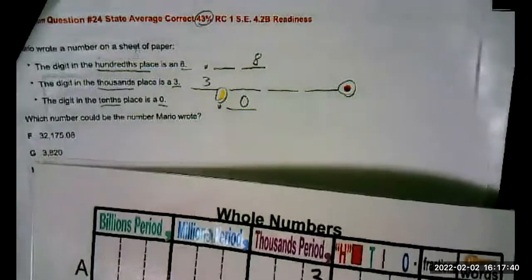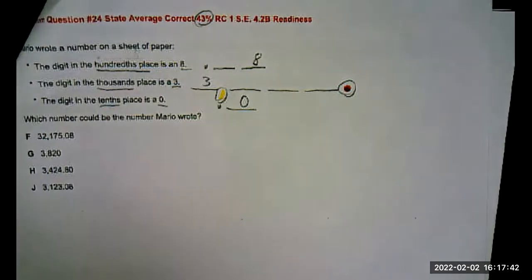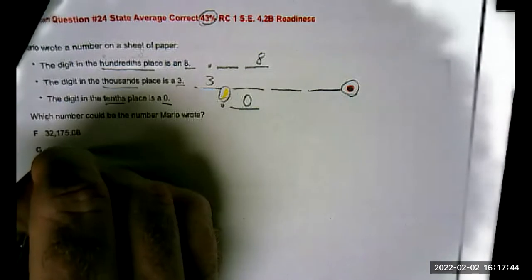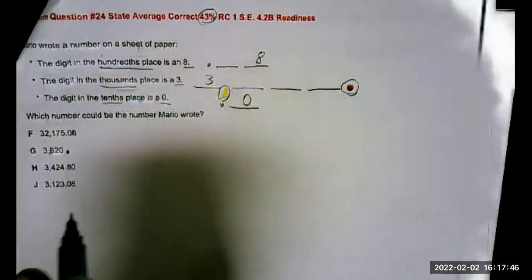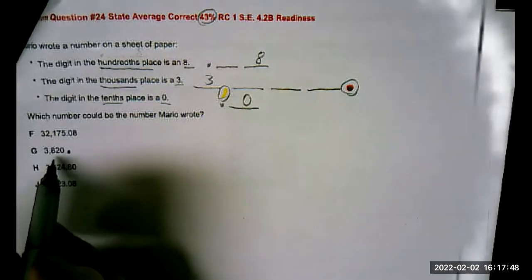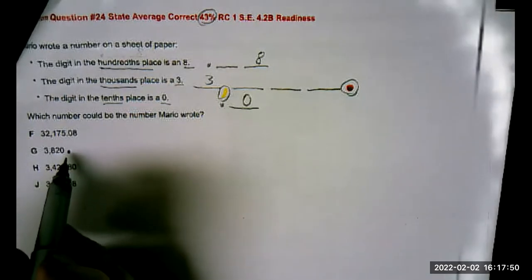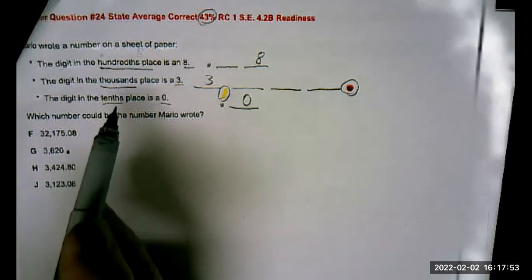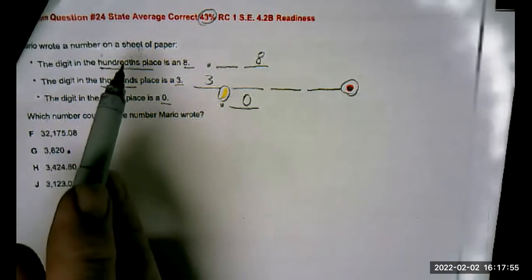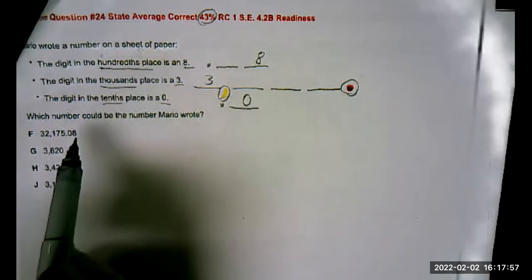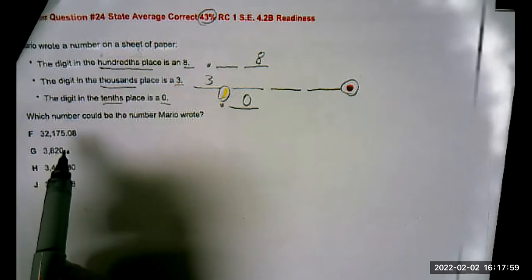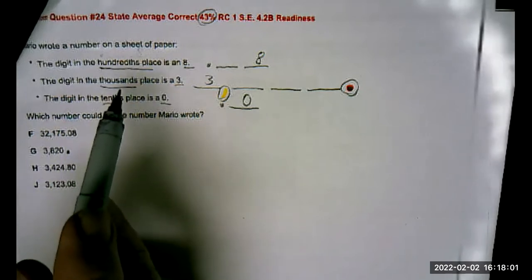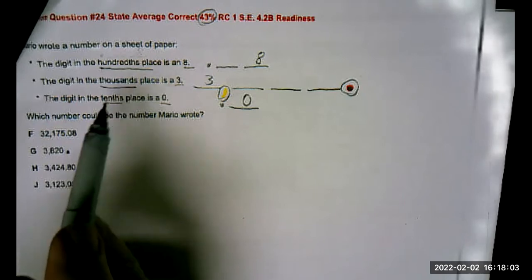3,820. Well, unfortunately, we need a number in the decimal place. I can already eliminate this because I do see a 3, I see an 8, and I do see a 0. So if your kids don't pay attention to hundredths, there's an 8 in the hundredths. The thousands, there's the 3.